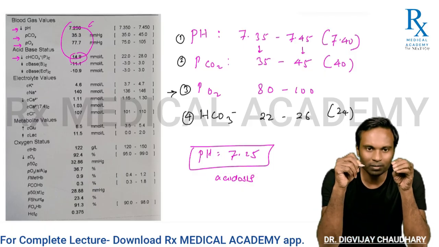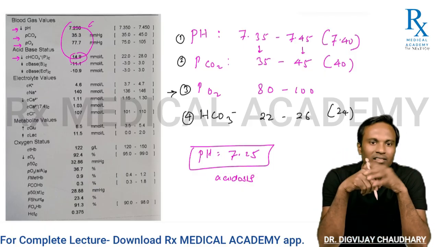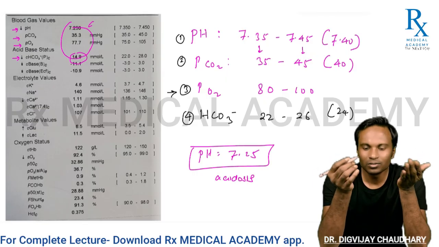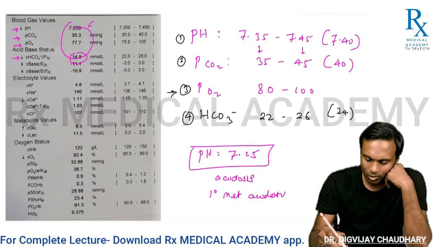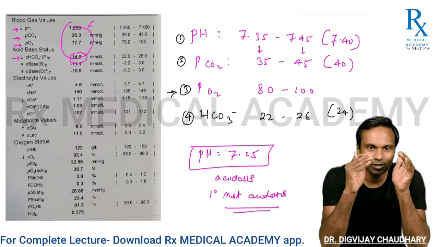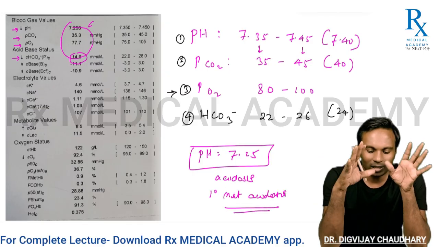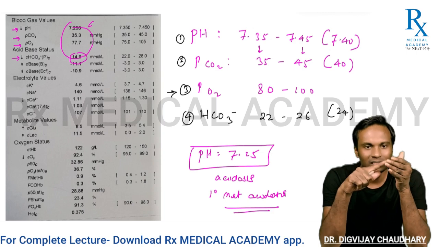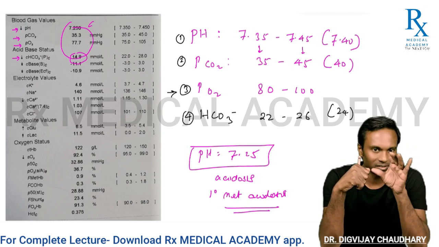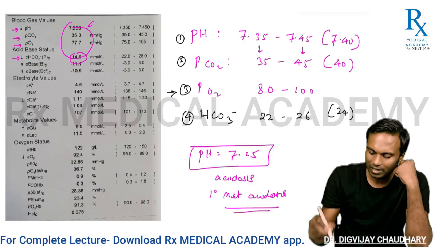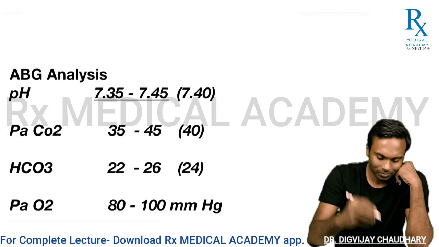So the basic problem which is responsible for this acidosis is a metabolic problem, fall in bicarb. So this is primarily metabolic acidosis. Whether there is compensation or not, we will figure it out in upcoming slides. So in ABG, pH, PaCO₂, bicarb, these three things have to be looked at first. We will interpret in detail in a subsequent slide.